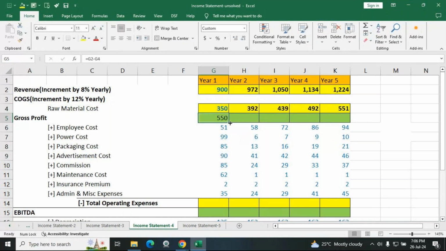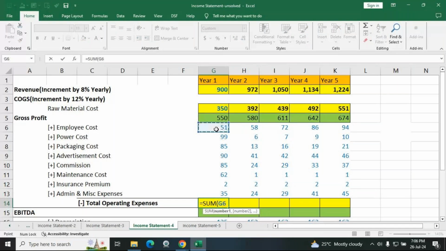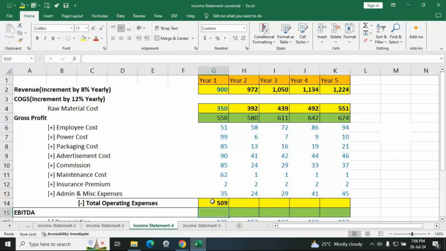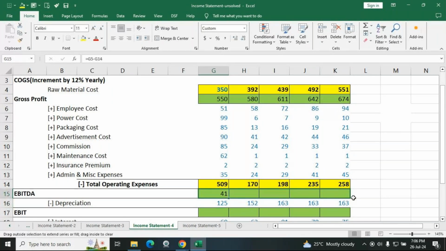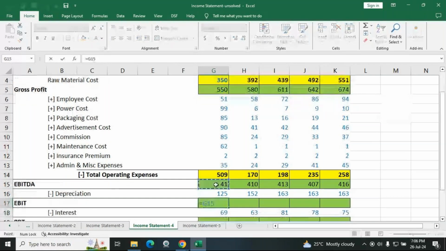Here it will be sum of operating expenses. Close the bracket. EBITDA will be gross profit minus operating expenses. Next EBIT will be EBITDA minus depreciation.